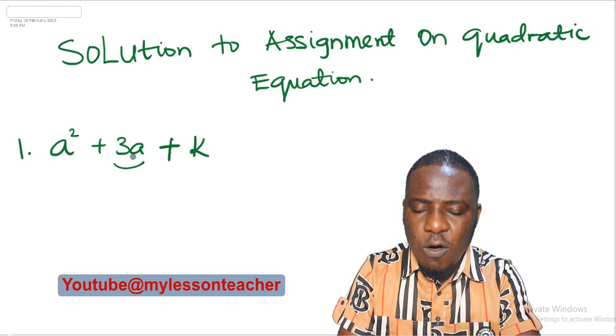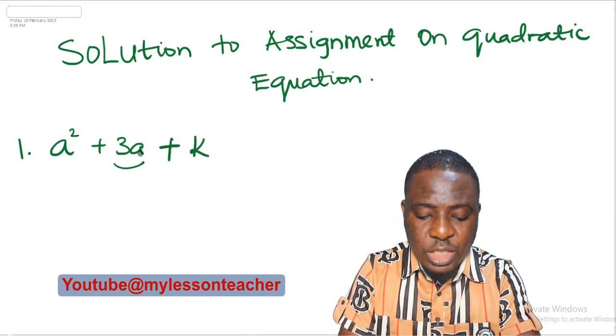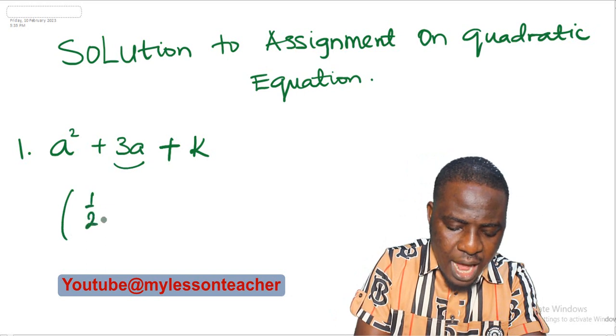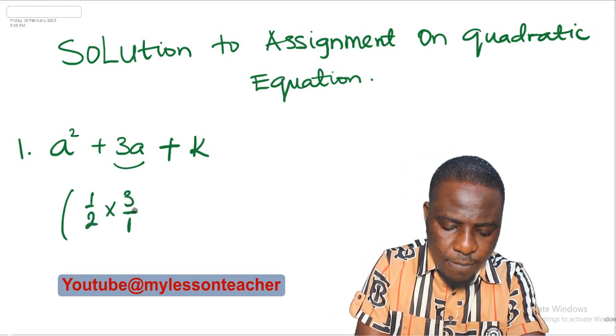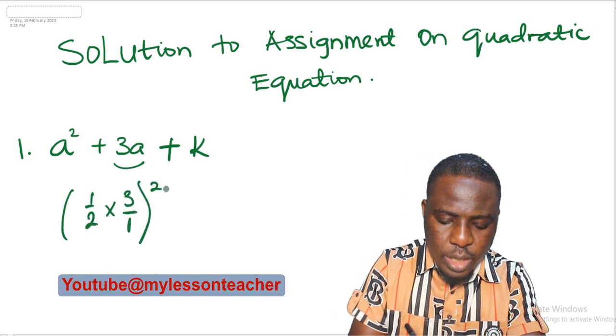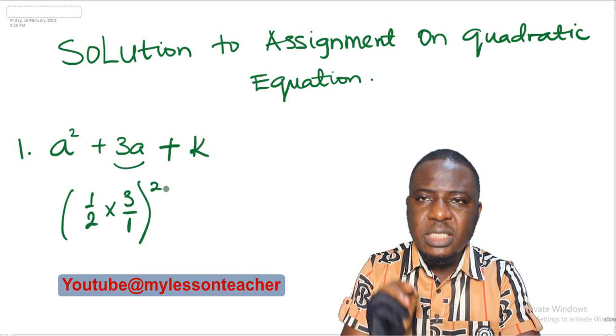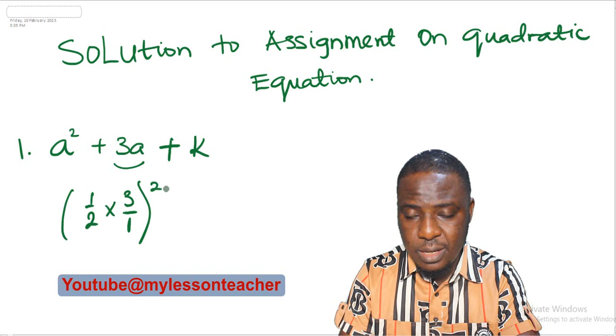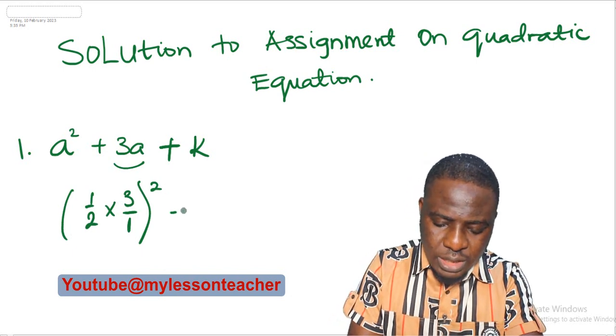So the coefficient of the second term, which is 3a, is plus 3. So I'm going to look for half of 3 all squared. So half of 3 all squared is said to be that term that when added is our k.